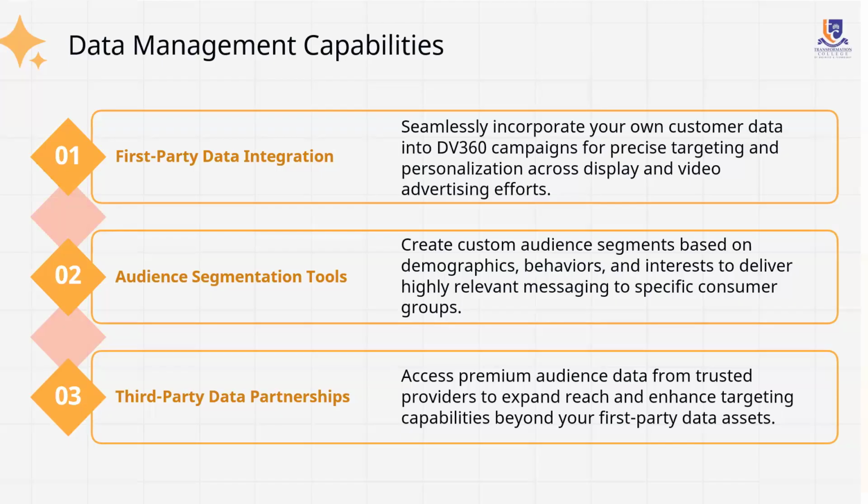The third-party data partnership is a premium service. You get access to premium audience data from trusted providers to expand reach and enhance targeting capability beyond your first-party data assets. For instance, like I said, the permission you have given Facebook and Instagram on your phone, those data they are collecting, they sell out to third parties.